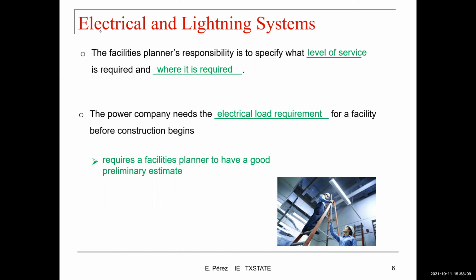If you're going to construct a facility, depending on the type of processes and machinery you're going to have inside, and also the type of lighting, all those things must be taken into consideration. So in this case, we're going to be focusing on the electrical and lighting systems.